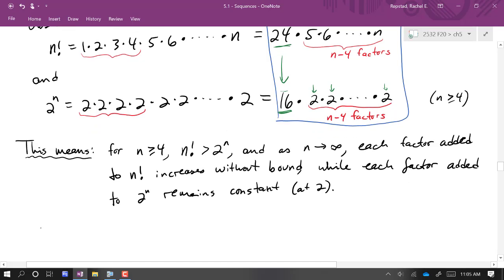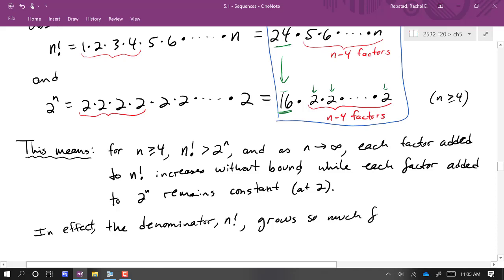So, in effect, the denominator, which is n factorial, grows so much faster than the numerator.